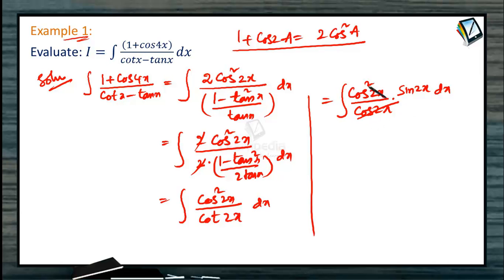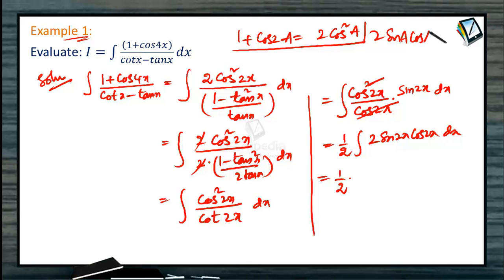Now here cos 2x goes once, leaving you sin 2x, cos 2x with the same angle, then multiply and divide by 2, then it will become 2 sin 2x into cos of 2x dx. This implies 1 by 2 into 2 sin a cos a, and 2 sin a cos a is equal to sin of 2a. Using this identity, 2 sin 2x cos 2x will become integral of sin of 4x dx.